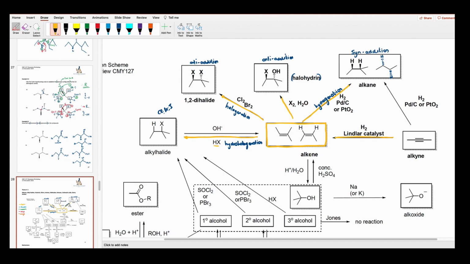We can go back to an alkene, or we can add just normal hydrogenation things to make sure that our alkene goes all the way back to a normal alkane. Okay, so that was really everything about addition that you need to know for theme 4 and theme 5.